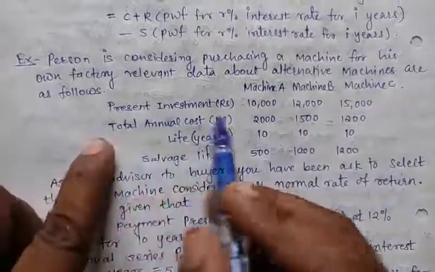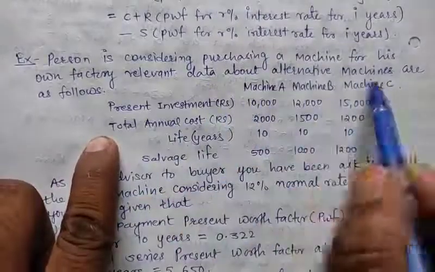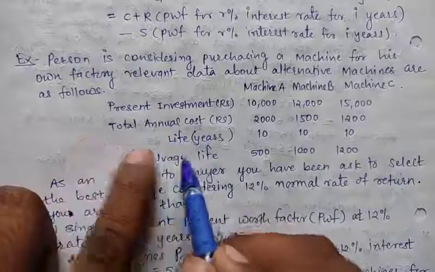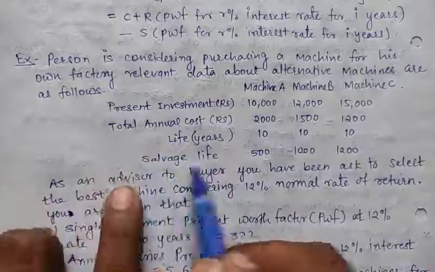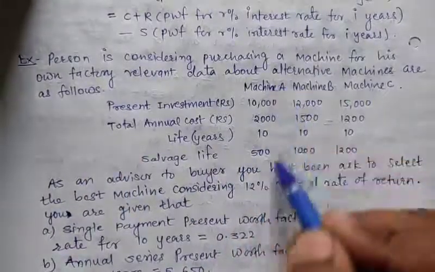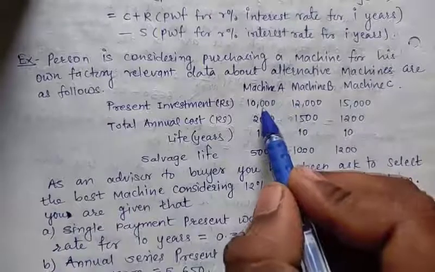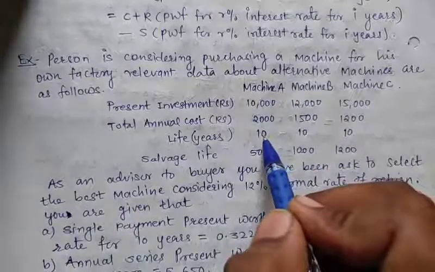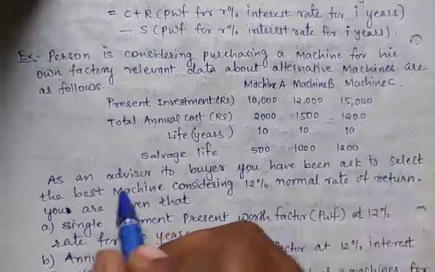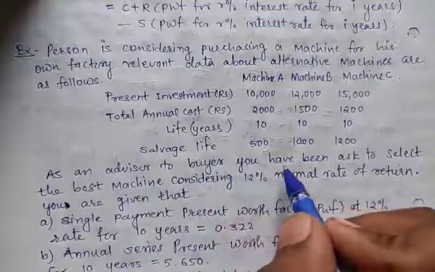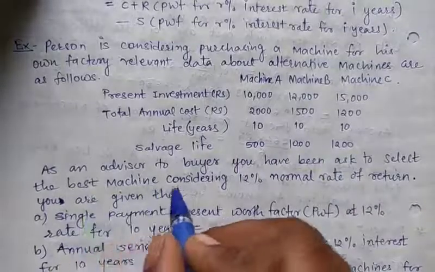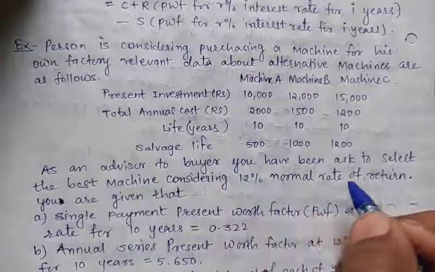We have given 3 machines, and for each of the 3 machines there are present investment, total annual cost, life in years and salvage value as given below, for machines A, B and C. As an advisor to the buyer, you have been asked to select the best machine considering a 12% normal rate of return.